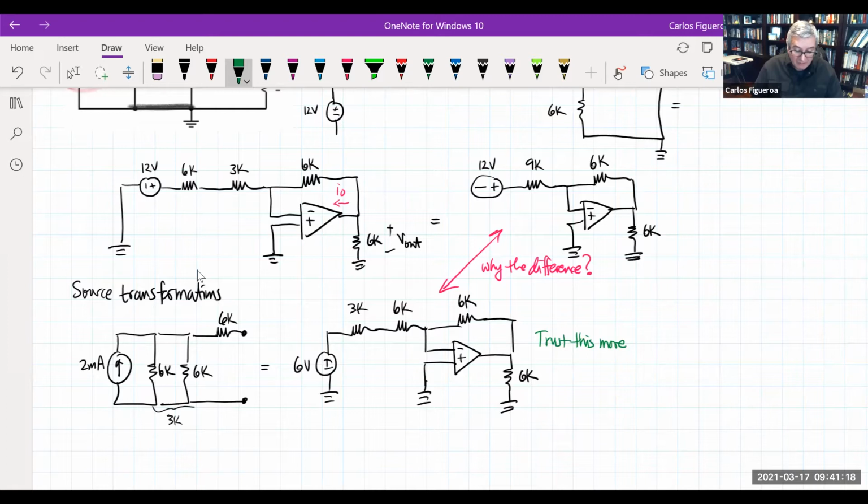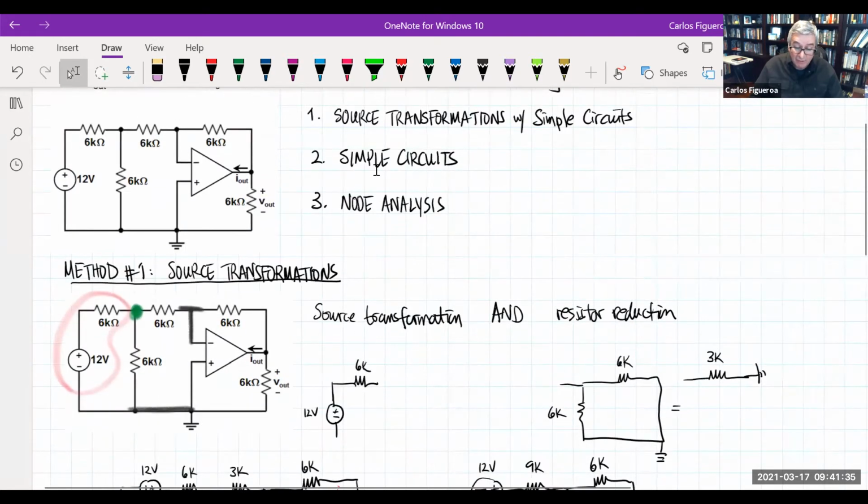So what am I doing wrong? So here's what I'm going to do. Since I trust the second one more, I'm going to just solve this second one. And then when I go do the simple circuits one, we'll compare both of these with the source transformation.